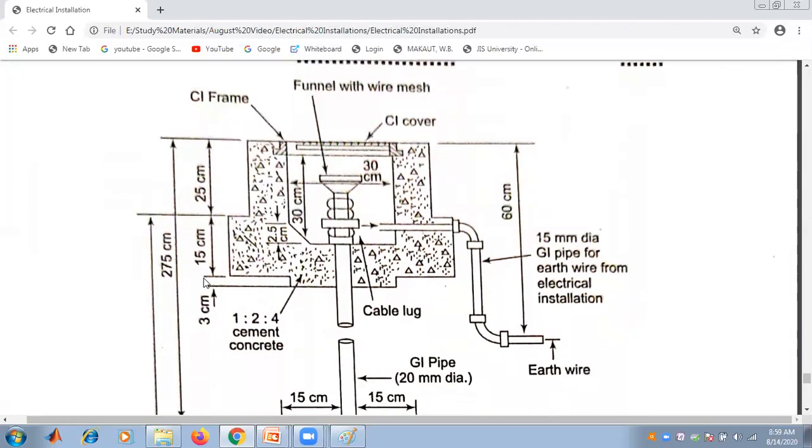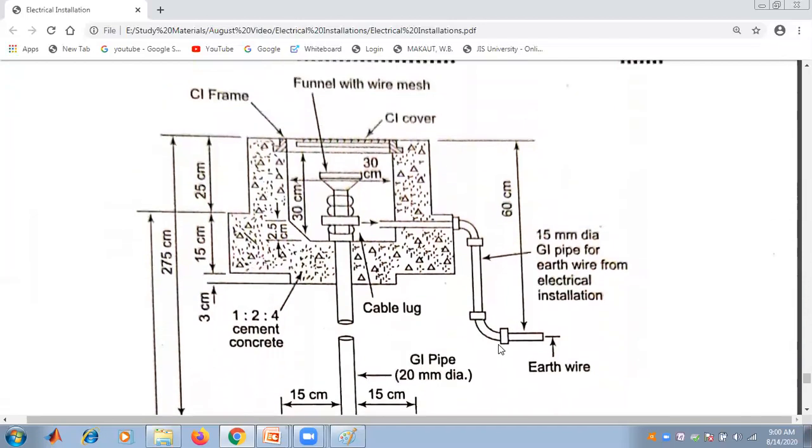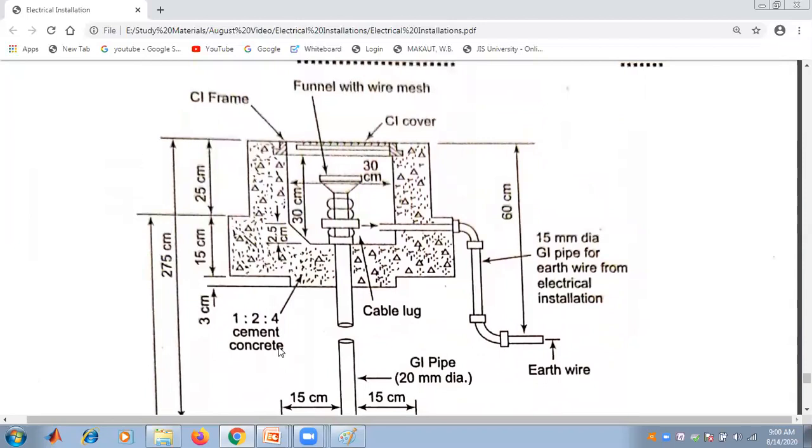This is a 15 millimeter diameter GI, that is galvanized iron, pipe for the earthwire from the electrical installation, and this is the earthwire.